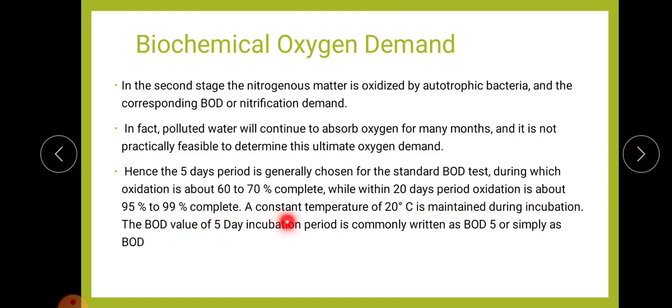A constant temperature of 20 degrees centigrade is maintained during incubation. So the BOD value of 5-day incubation period is commonly written as BOD5 or simply as BOD. So we are calculating BOD for a duration of 5 days at a standard temperature of 20 degrees centigrade.